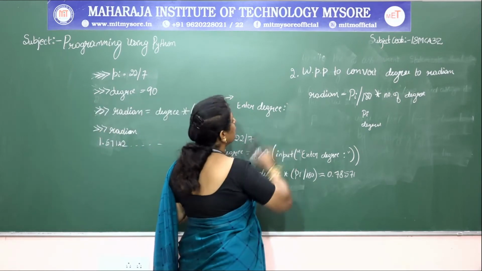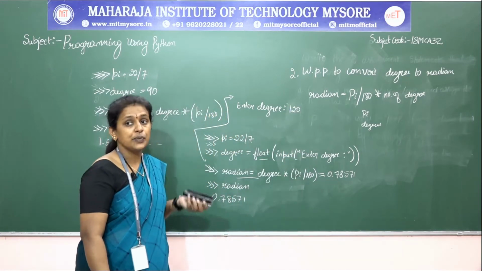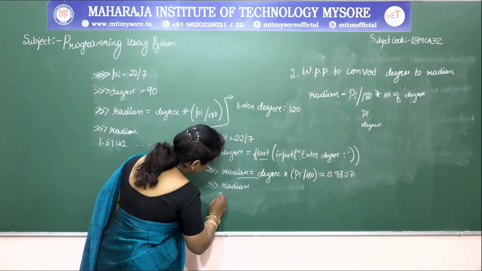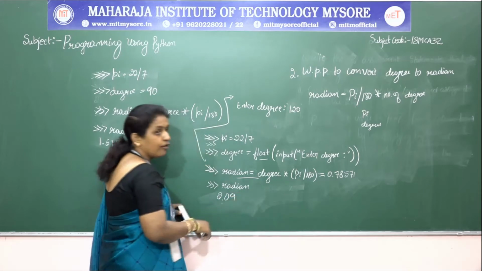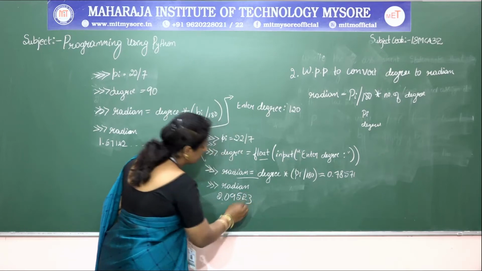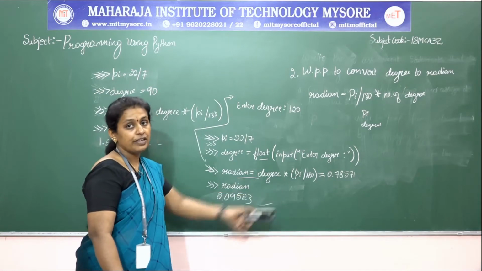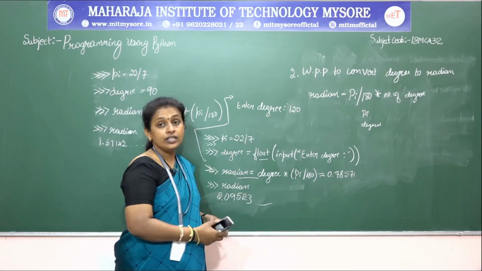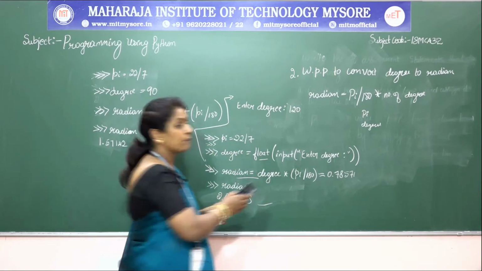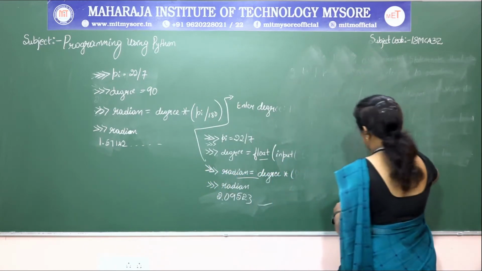Like that you can give it for 120 also. If the value of degree is 120, you will get approximately the output value 2.0958523. I am just leaving the decimal points after 4 to 5 digits. So like that you can perform the conversion of degree to a radian. Let me go for another program.